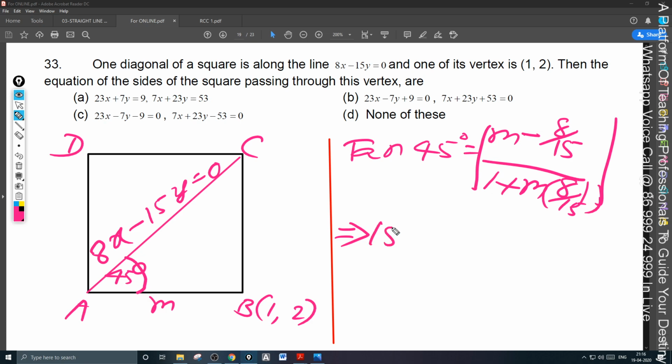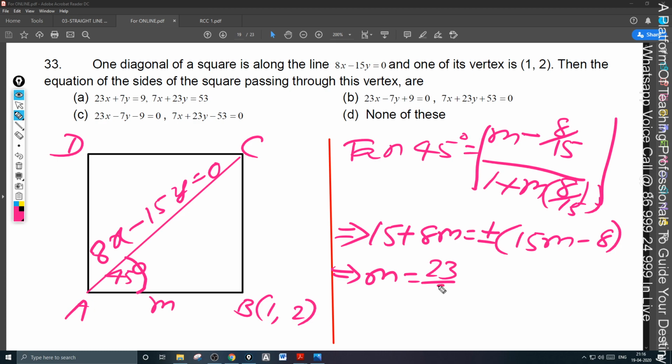15 plus 8m is equal to plus or minus (15m minus 8). Then you will get two answers for m here. This is 15m minus 8m, it is 7m. And this is minus 8 brought this side, 23 by 7. So slope 23 by 7 is there for this.